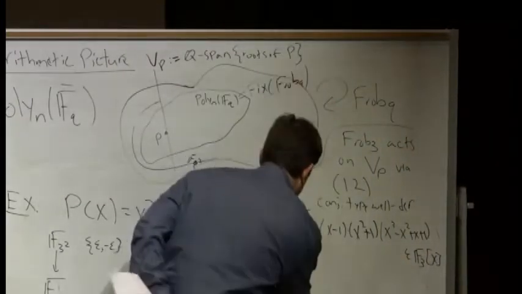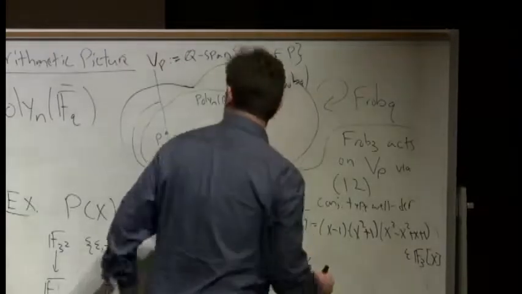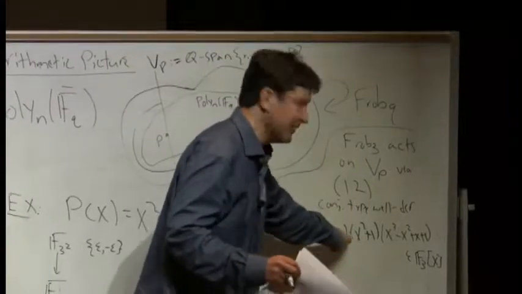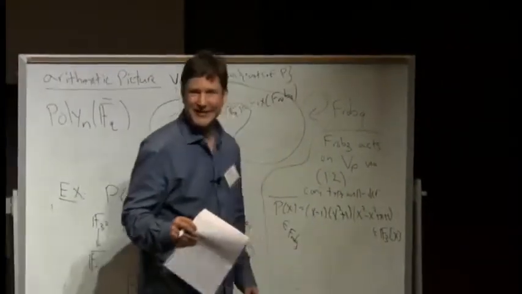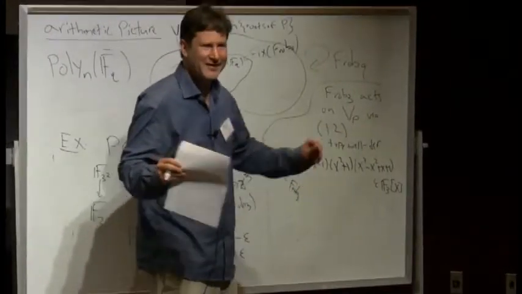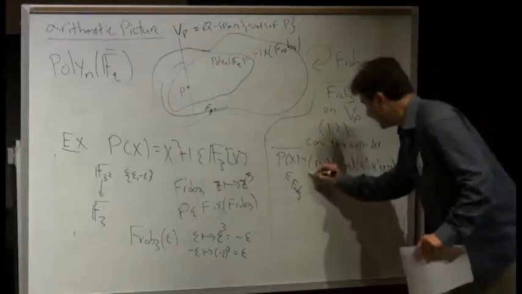Frobenius fixes this. Frob 3, acting on Poly sub 6, because the coefficients are all fixed by Frobenius. They're all in F3. But here's what you're doing. Here the root is in Fq.